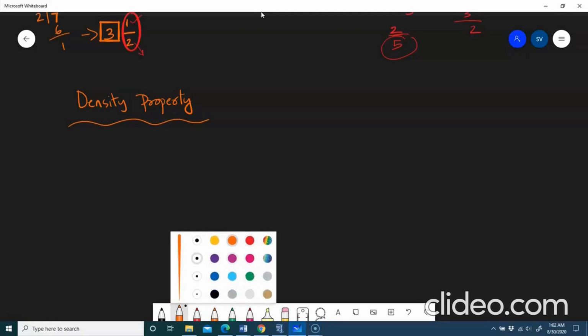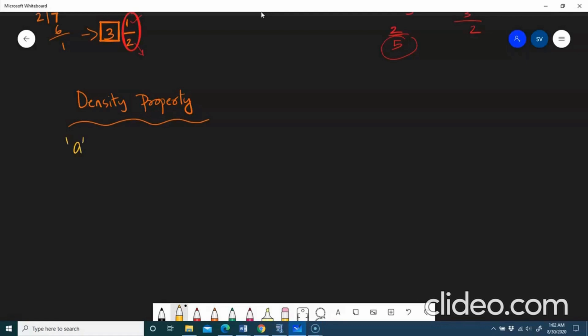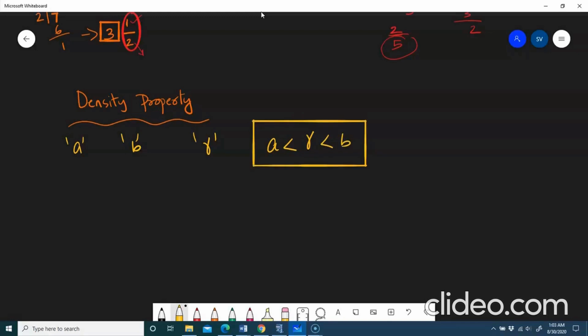We can consider two rational numbers, A and B. The density property states that between these two rational numbers A and B, there exists another rational number R such that A less than R less than B. So this is what the density property states.